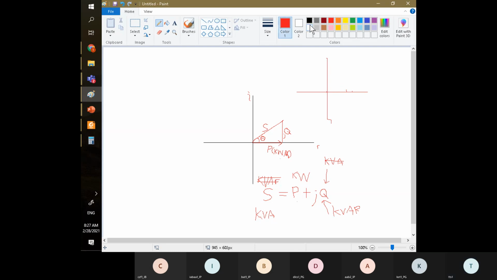On the x-axis, this is called the P, only for the resistive load. If the load is capacitive or inductive, for pure inductive we get this vertical line here, and some number, a j value.